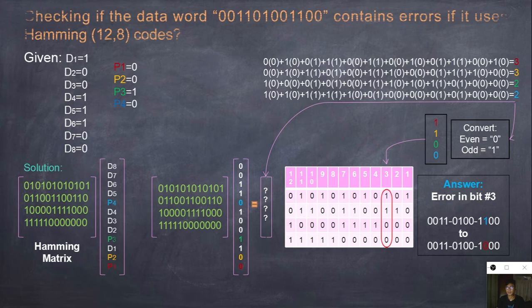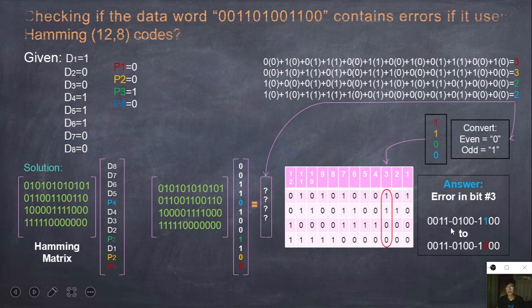The 2 is even, so we convert it into 0, and the other 2 is even also, converted to 0. So the 1100 parity is located at bit position number 3. So bit position number 3 has an error. Error in bit number 3.